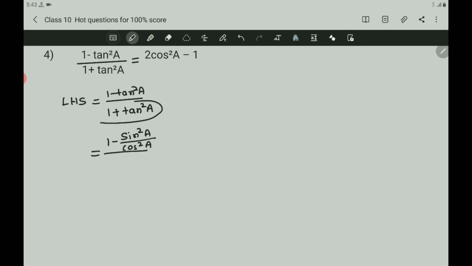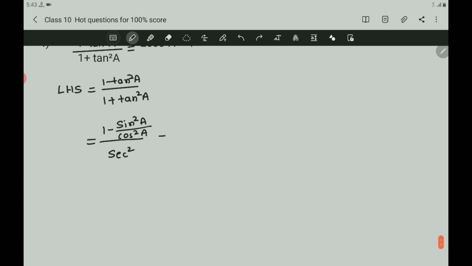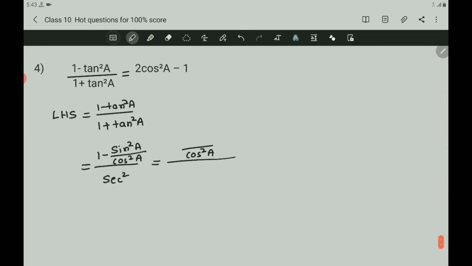And 1 plus tan²A, you know that is sec²A. Otherwise you can write this also. Then take the LCM here. LCM is cos²A, and the numerator becomes cos²A minus sin²A.